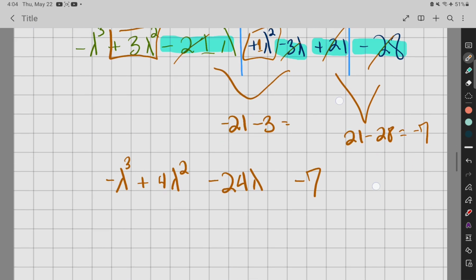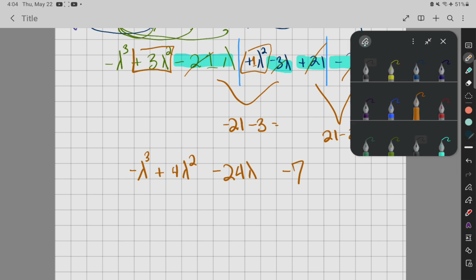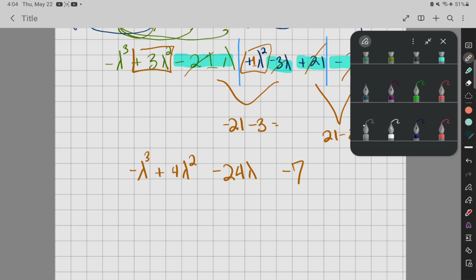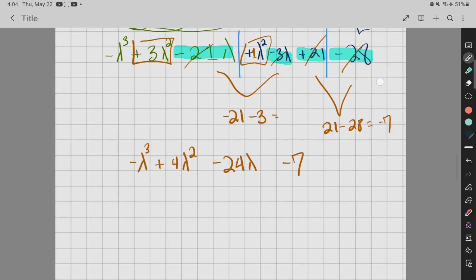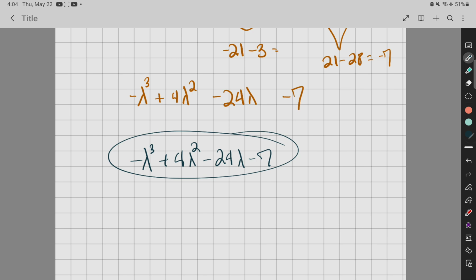So then this becomes your polynomial, and you're going to put all of this together. Minus lambda to the third plus 4 lambda squared minus 24 lambda minus 7. And that is going to be your characteristic polynomial.